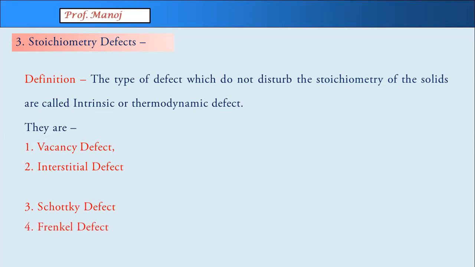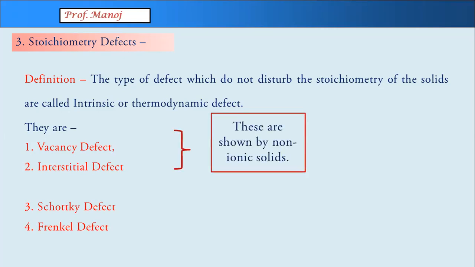Actually speaking, vacancy and Schottky defect are identical. Interstitial and Frenkel are identical. So why do we classify them? Vacancy and interstitial are found in non-ionic solids. For example, magnesium, aluminium, sodium, these are crystals without any charge on them.